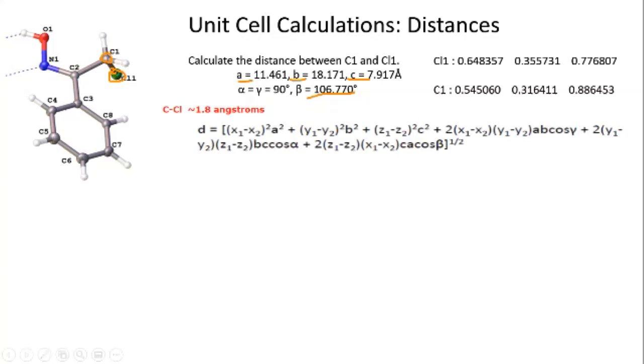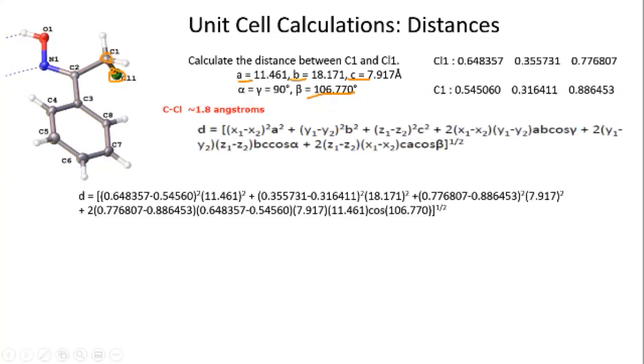So again, we're using this equation. Since the alpha and gamma are 90, we can have a lot of things go to 0. So we have our x difference, y difference, z difference, and then you'll notice here, only this part of the angle.